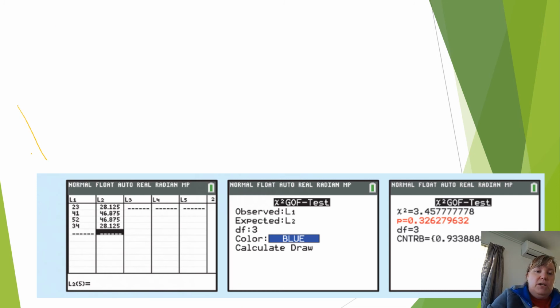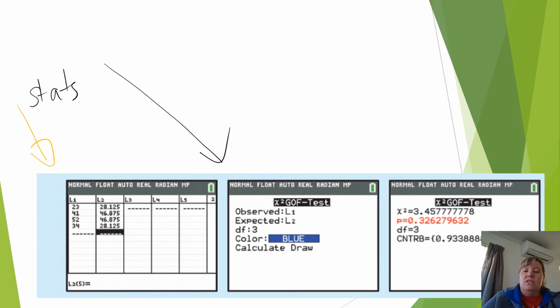Here is the table that I generated. You'll notice I've collapsed those categories, so I've got 23, 41, 52, and 34. I've collapsed the expected values too, so there are only 4 of them. I put that into the stats part of your calculator. Again, I do the goodness of fit test, and tell it list 1, list 2. The calculator doesn't care whether you're normal, uniform, anything.